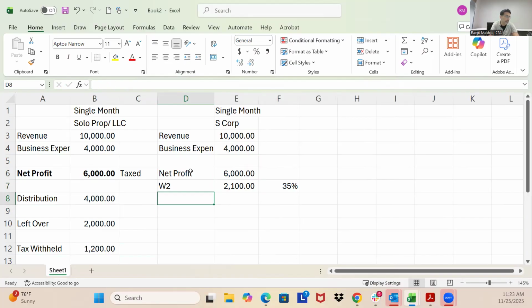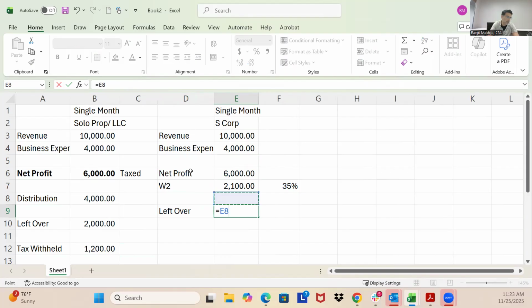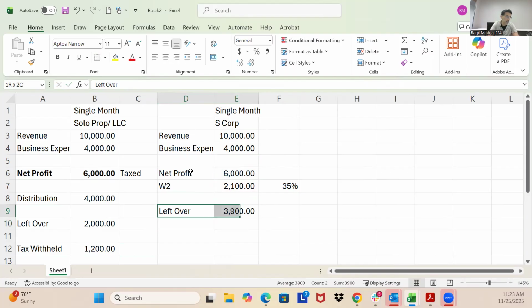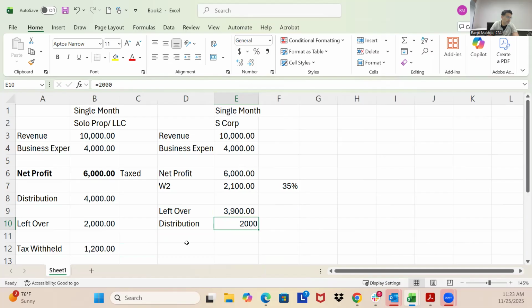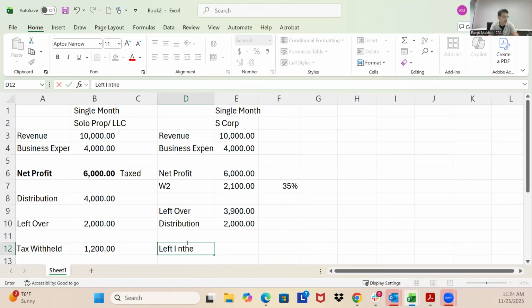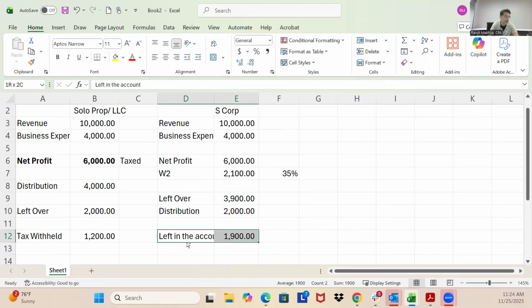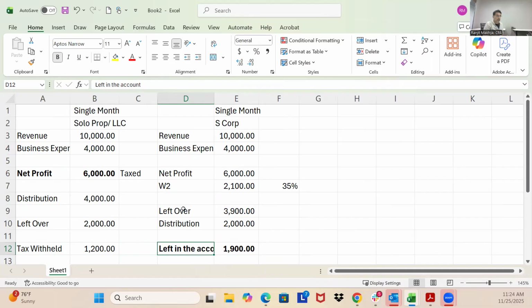Then we're also going to have a distribution. The leftover money after this is 3,900. So then we're going to do a distribution of $2,000. Left in the account is 1,900.